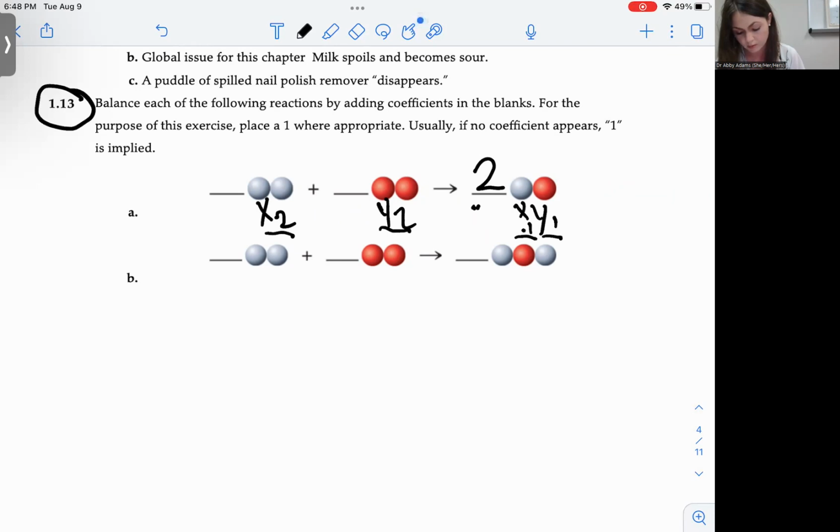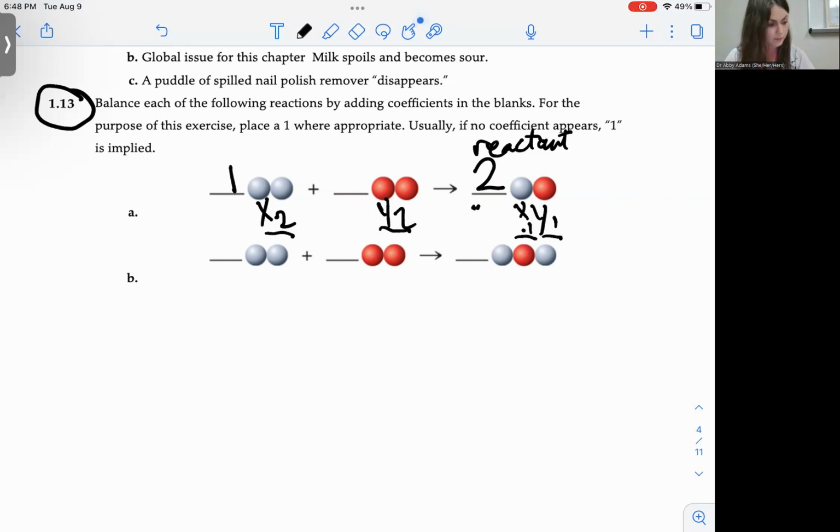So we have 2X and 2Y on the reactant side. And on the products, we have just X2. We don't need to make this any bigger. So the coefficient here is 1. And here we have 2Y, and on this side, we already have 2Y.